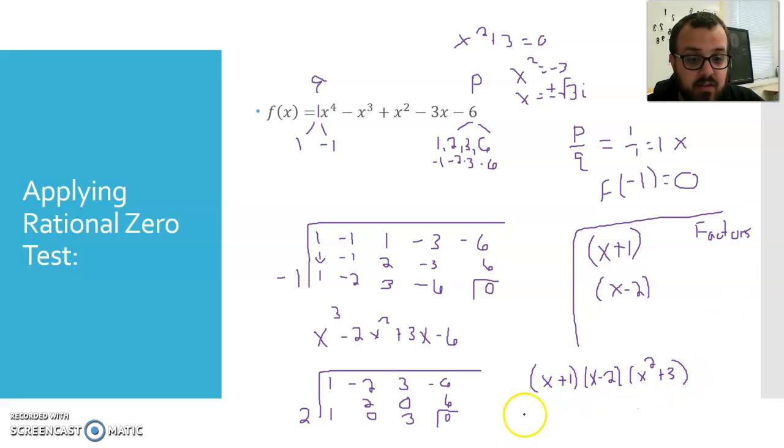If I want to fully factor this, I can write out f of x equals x plus 1 times x minus 2 times x plus root 3i times x minus root 3i.